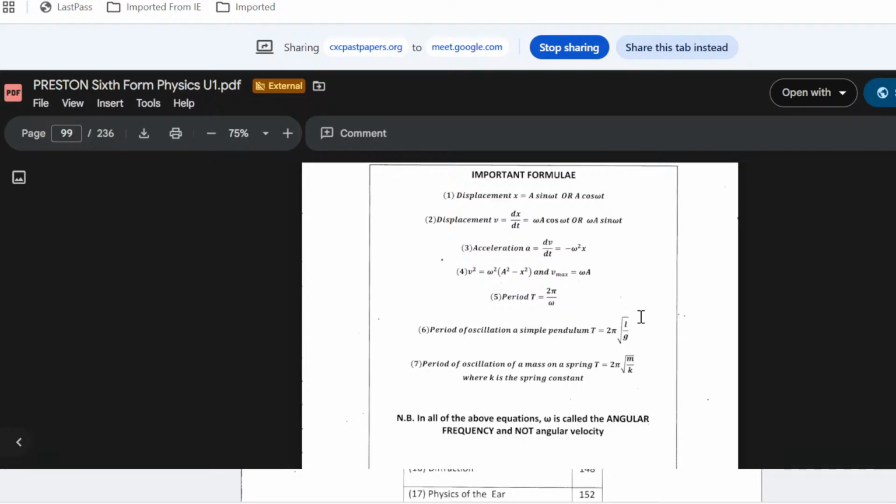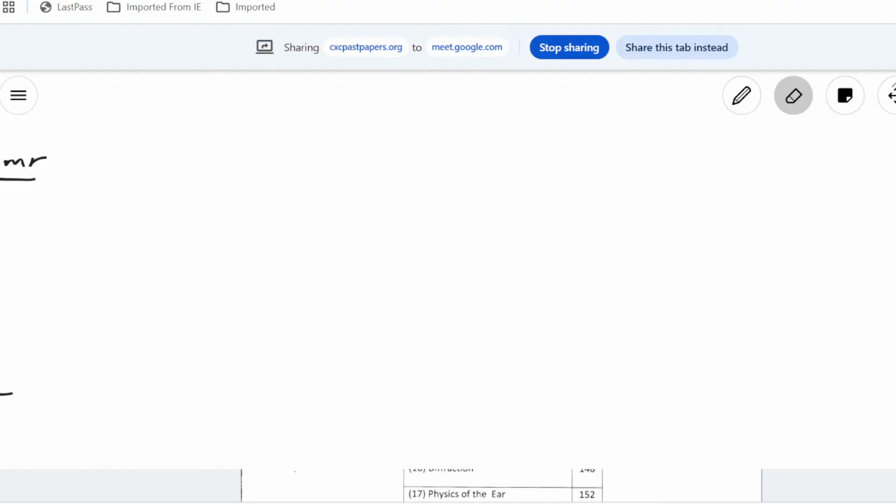All right, so the acceleration must always be going towards a fixed point, and the acceleration should be proportional to the displacement from the fixed point.